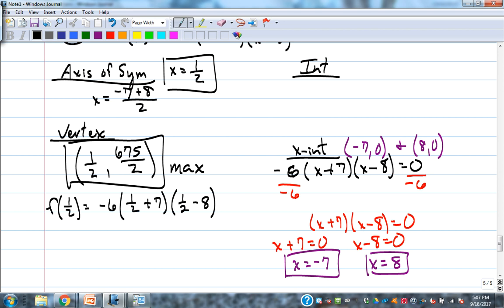Good job. Perfect. Okay, Y intercept, plug in 0 for X. That's what's happening.